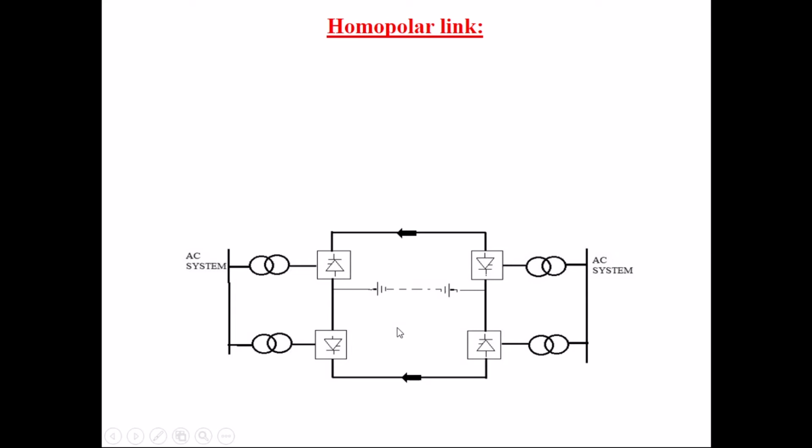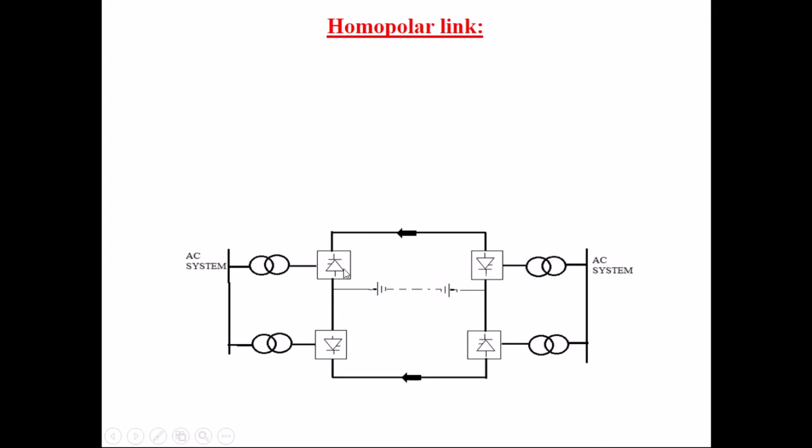homopolar link. Same as a bipolar link, here we use two conductors, but generally we use the same polarity for both conductors, and it is negative polarity to reduce the corona loss. So both are negative polarity, and in normal condition also we use the ground as a return path. So here it is nothing but two monopolar links operated simultaneously.